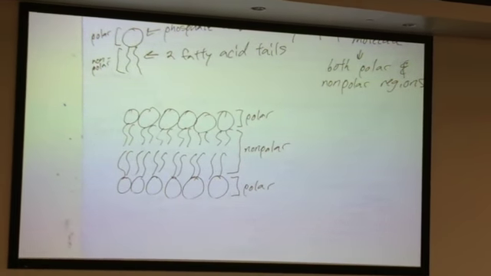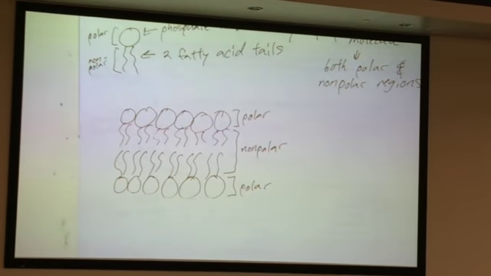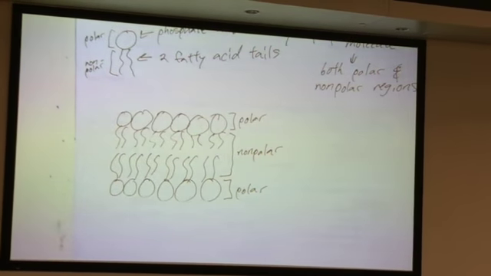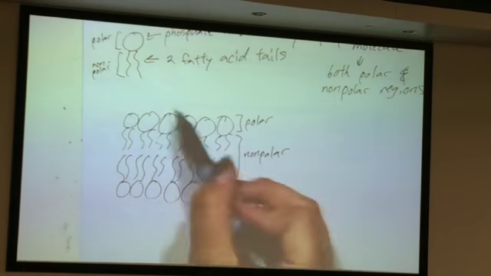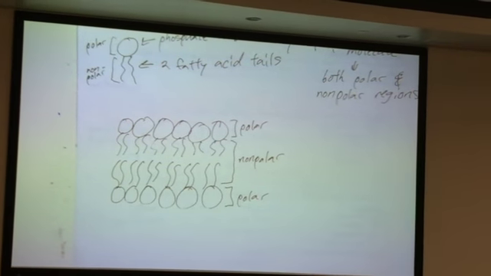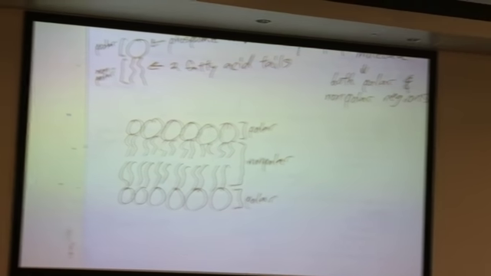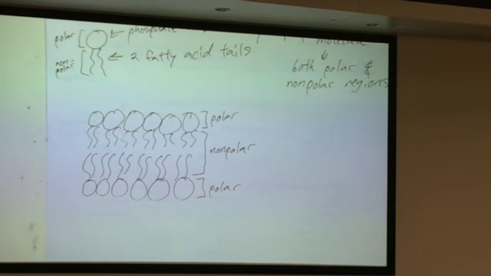It's like a cross section. But if we can somehow get on top of this, maybe that's the outside and that's the inside, it would just look like a bunch of circles. You know what I mean? So they can all move around laterally. Laterally means like left and right.